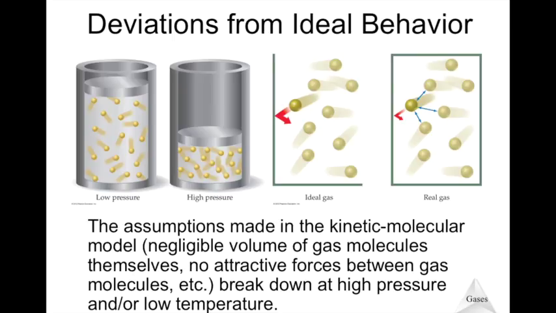And the same thing, if your temperature is really, really low, then they're going to be moving a lot more slowly, and so again, those IMFs, those intermolecular forces that we could have ignored before, we can no longer ignore. So you see that at really high pressure and really low temperature, it's going to start deviating from your ideal behavior. And that is that. We'll go over this a little bit more in class.